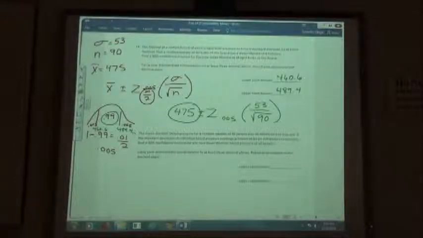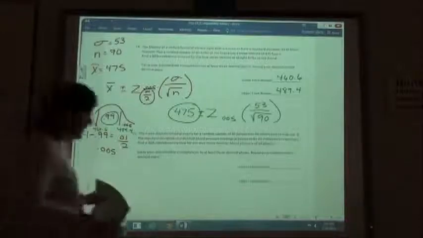Now try her. So we have 53 on the top divided by the square root of 90. Click right behind there and close your parentheses and hit equals. There we got our numbers. Okay?